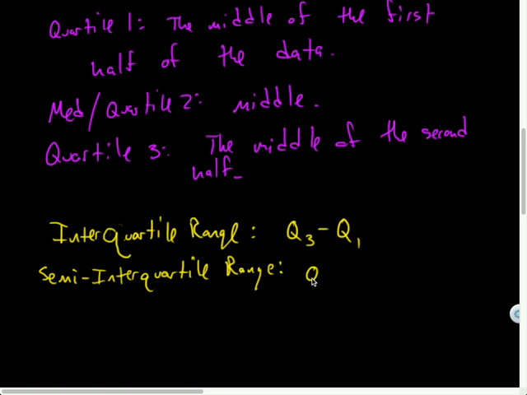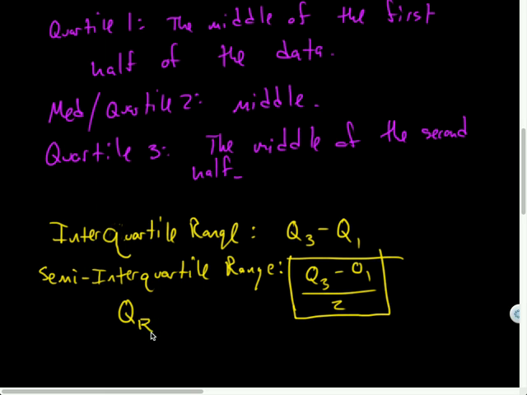The semi-interquartile range is Q3 minus Q1, all divided by 2. And this one is also abbreviated by Q sub R, which is how you can refer to the semi-interquartile range. You could say that the semi-interquartile range is kind of the average difference between your middle two quartiles.